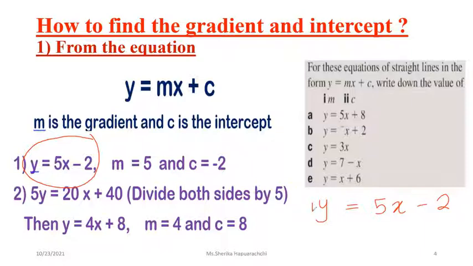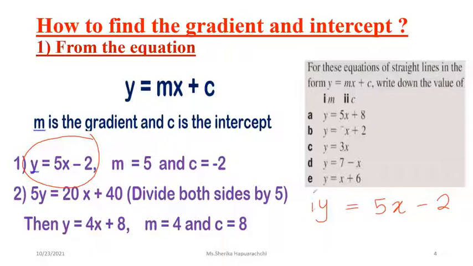So always when we are considering the linear equation format, we have to arrange our equation with the y coefficient 1. Now, in my first example, I have given y equals 5x minus 2.